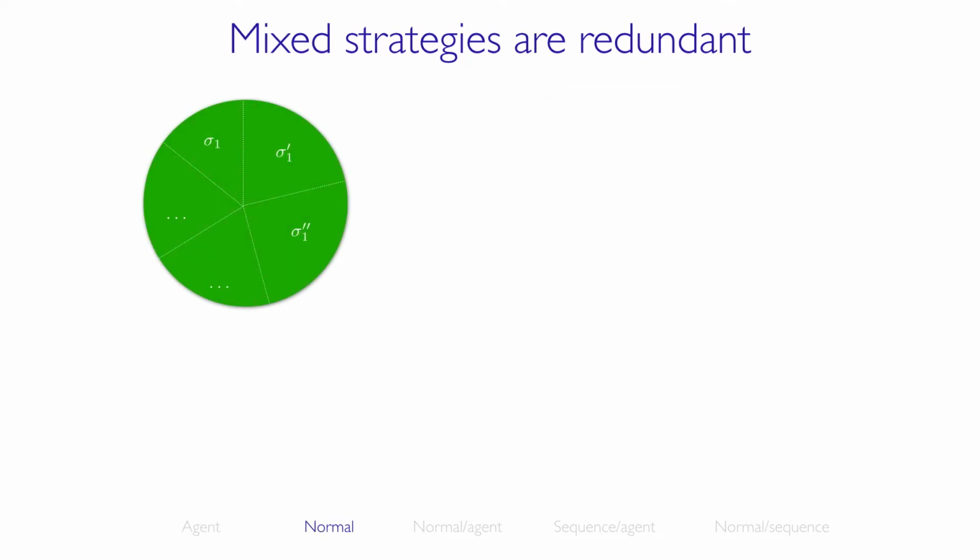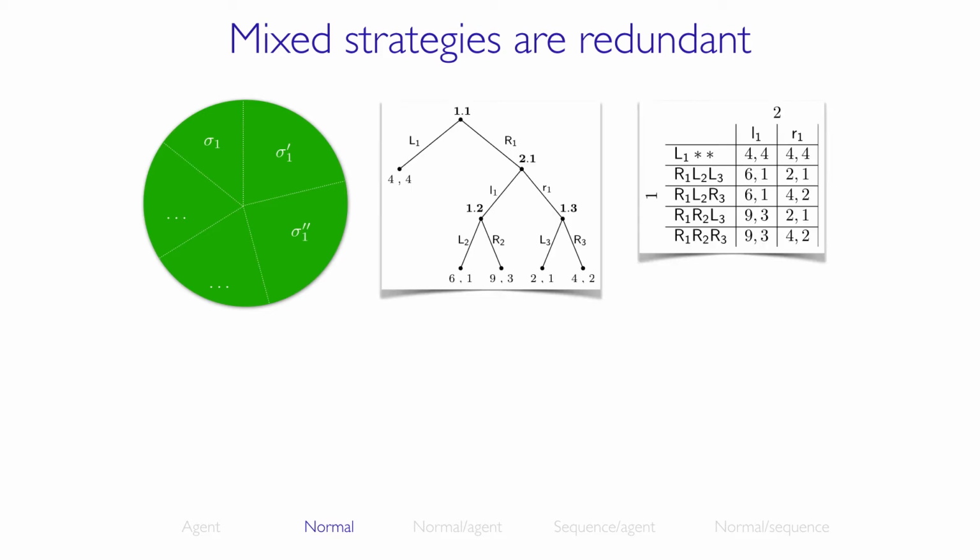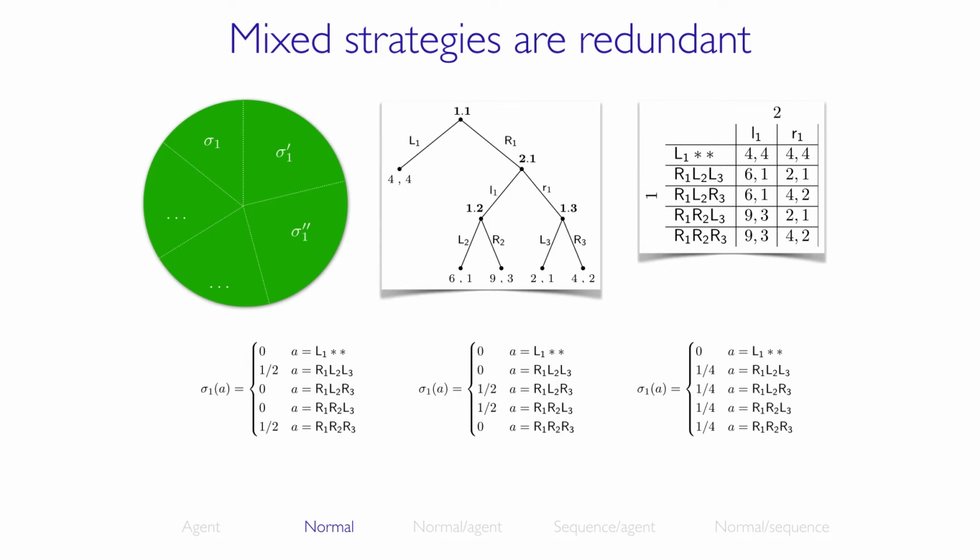We carry out a similar analysis with mixed strategies in the normal form representation. Consider the example in the picture of the game tree and the corresponding reduced normal form. Consider now the three strategies of player 1. Focus on the probability with which action L1 is played in the three strategies.